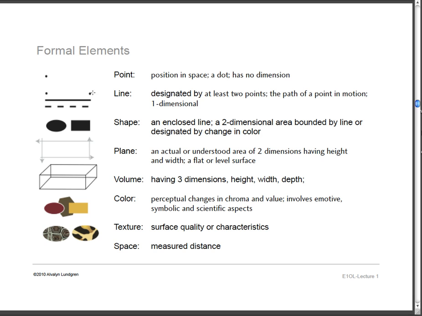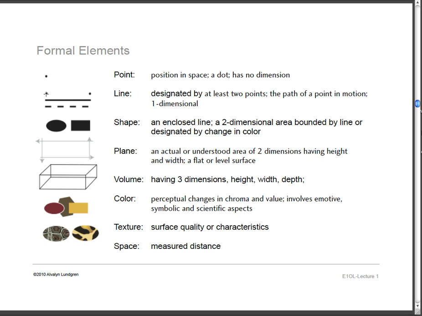The line concept is the connection between two points. Line has one dimension. It has length. There is an understood line between these two dots. There is a solid line here, and there's a broken line here.